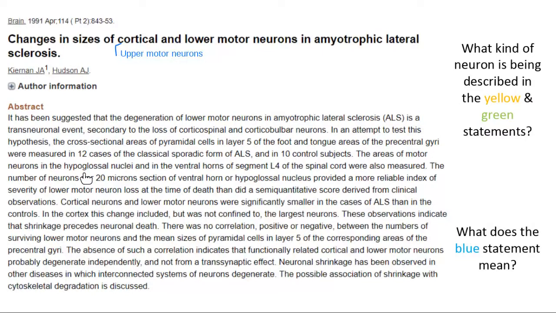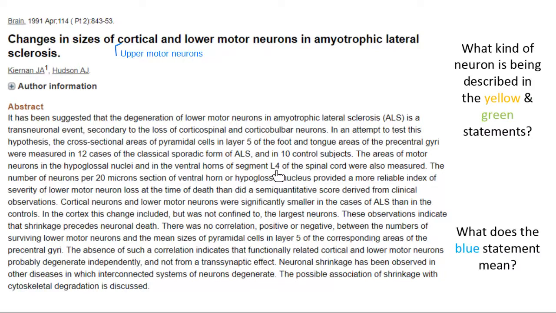Now, all we need to know about this is hypoglossal, like the nerve. This is, yeah, cranial nerve number 12. So where cranial nerve number 12 starts in the brainstem, they looked at the neurons that lived there. And they looked at the neurons that lived in the ventral horns of the L4 part of the spinal cord.